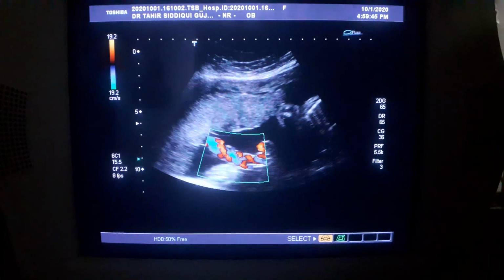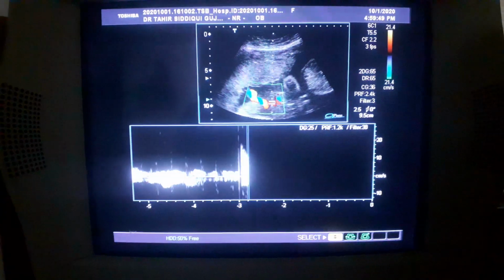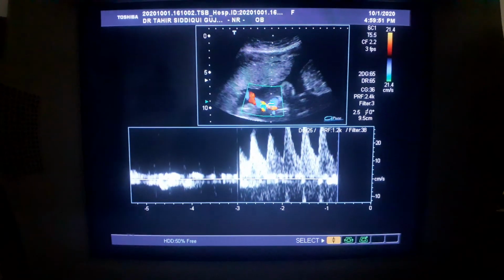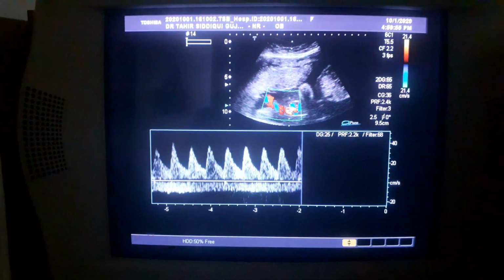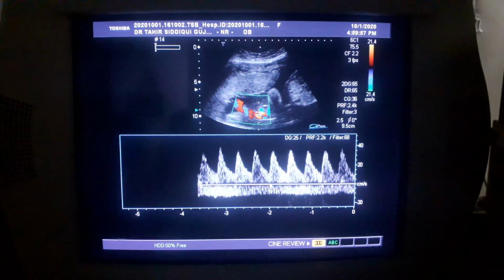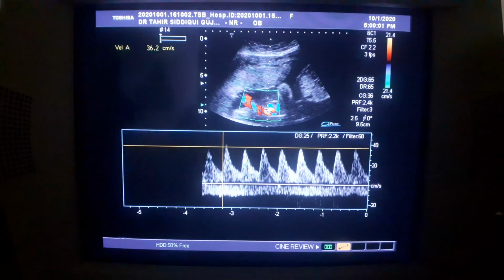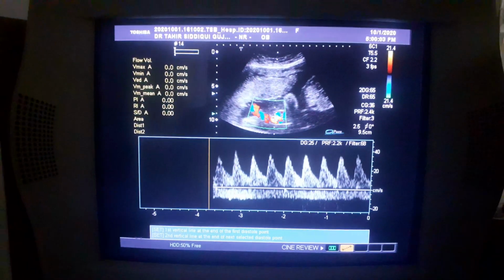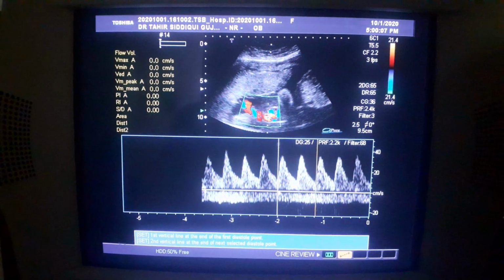Now this is the umbilical cord. The umbilical cord shows normal measurements. I've seen before this case, that's why I'm saying that.